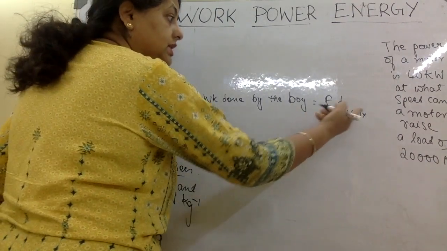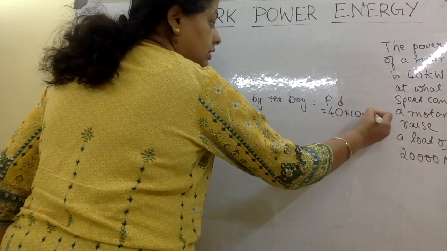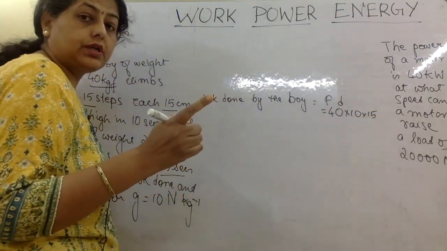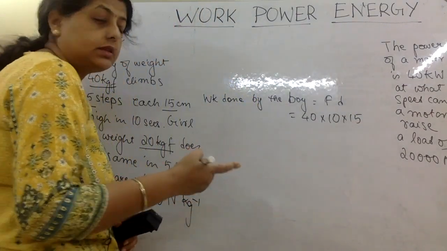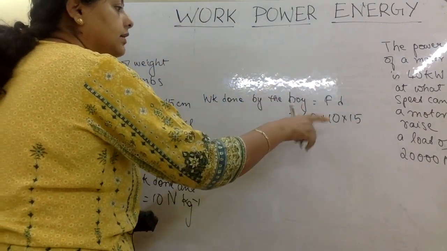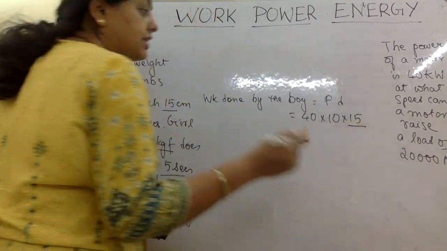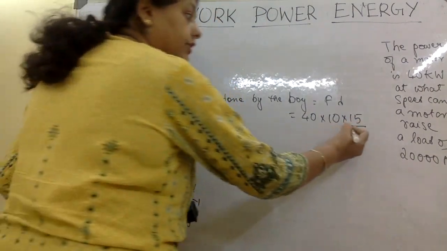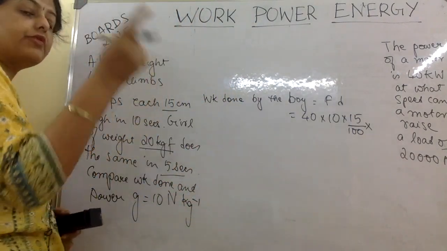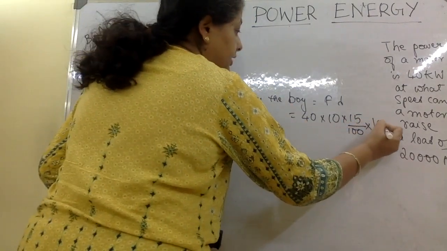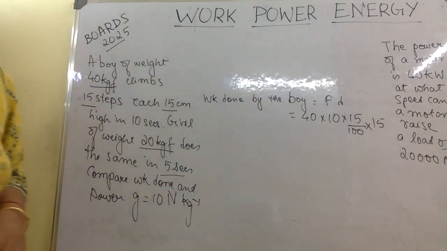Now displacement is 15 centimeters; we have to convert centimeters to meters here only, don't use extra steps. 15 centimeters, and there are 15 such steps. So this is my displacement.